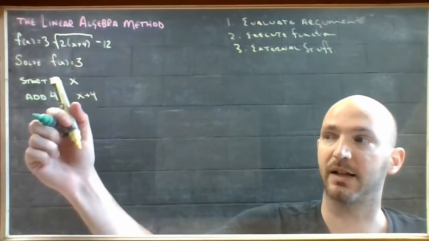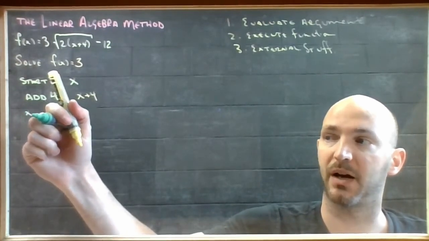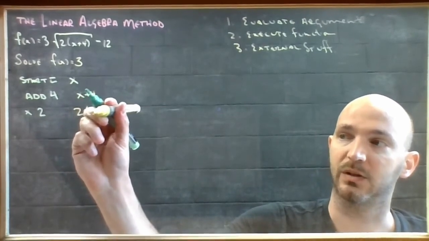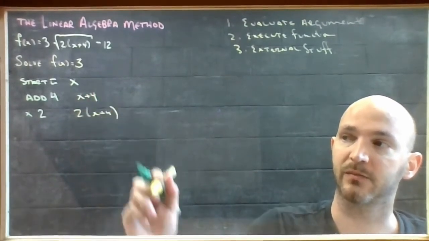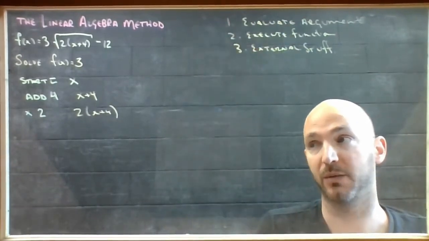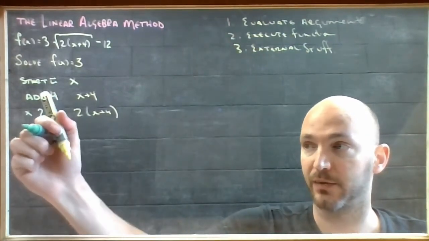The next thing you'd have to do would be multiply by 2, which would give you 2x plus 4. At that point, you would have finished evaluating the argument, so it would be time to execute the function.